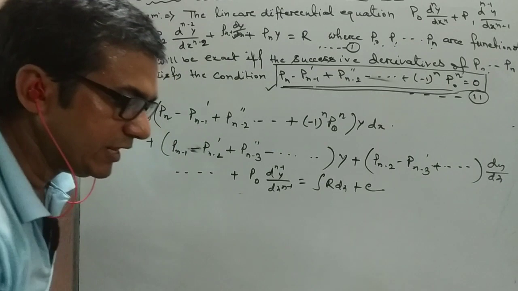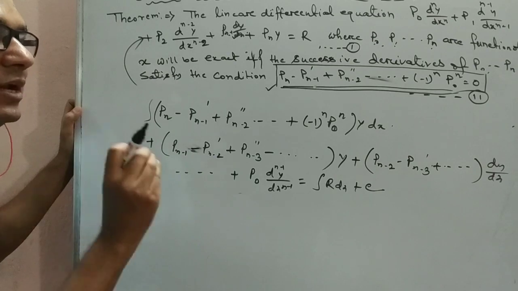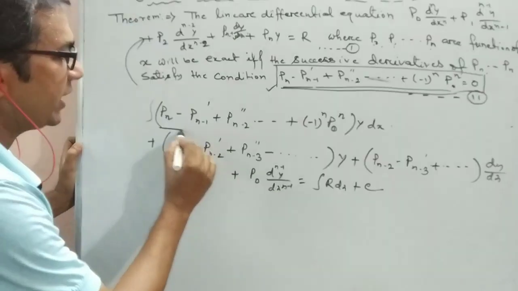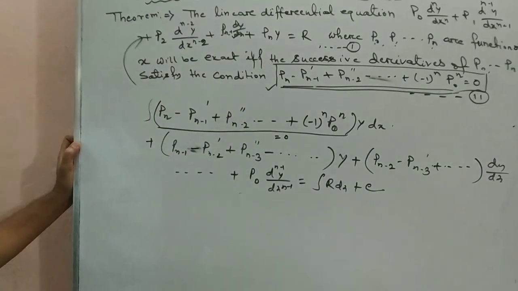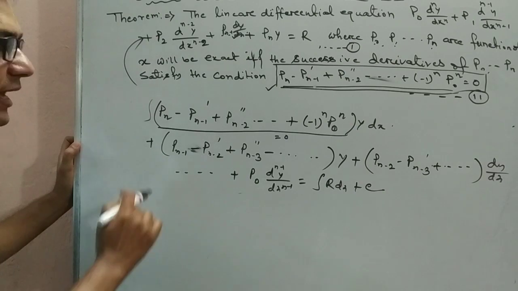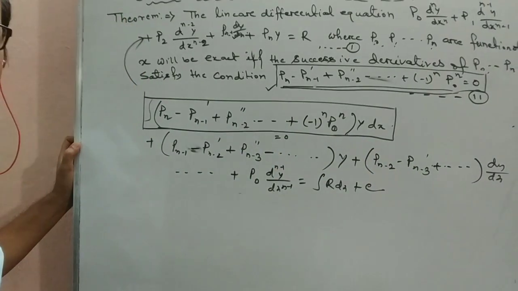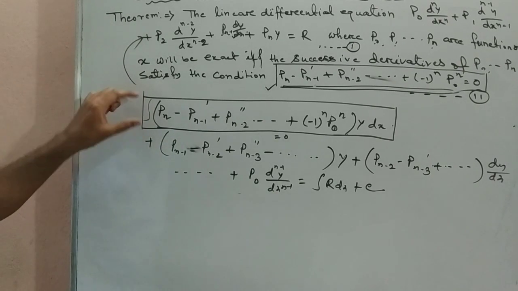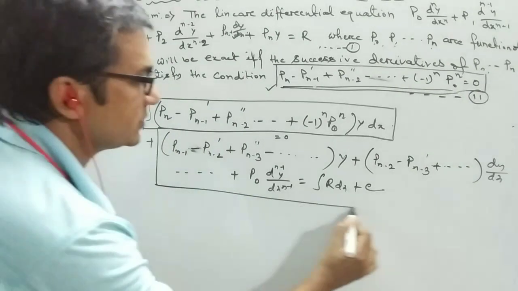Now we clearly see that only one integration remains in the left hand side, and this term cannot be integrated unless we take this term equal to 0. If this term is equal to 0, then it vanishes from this side, and we get the integration of 1 as this.